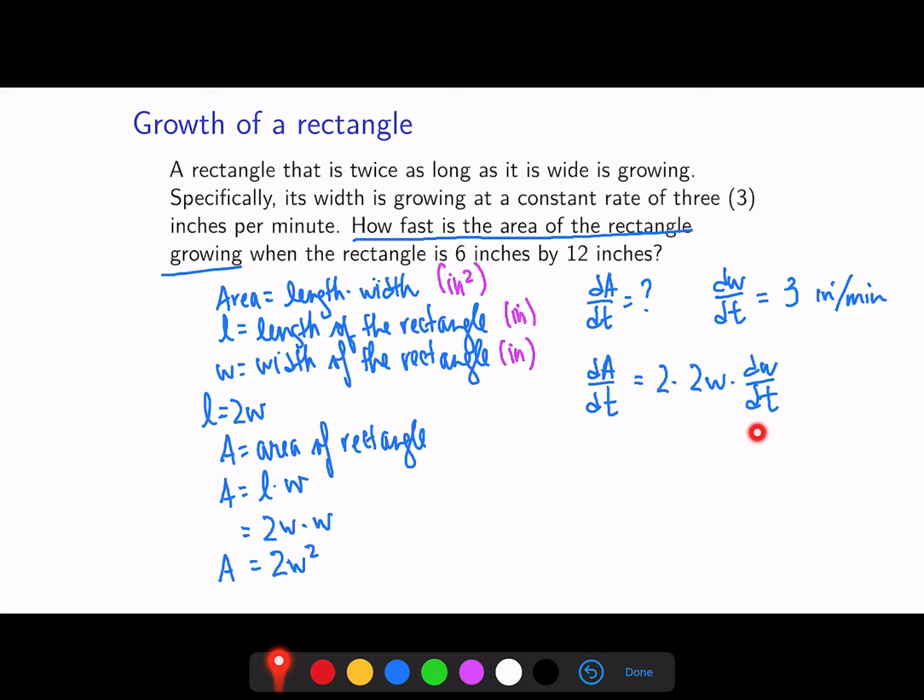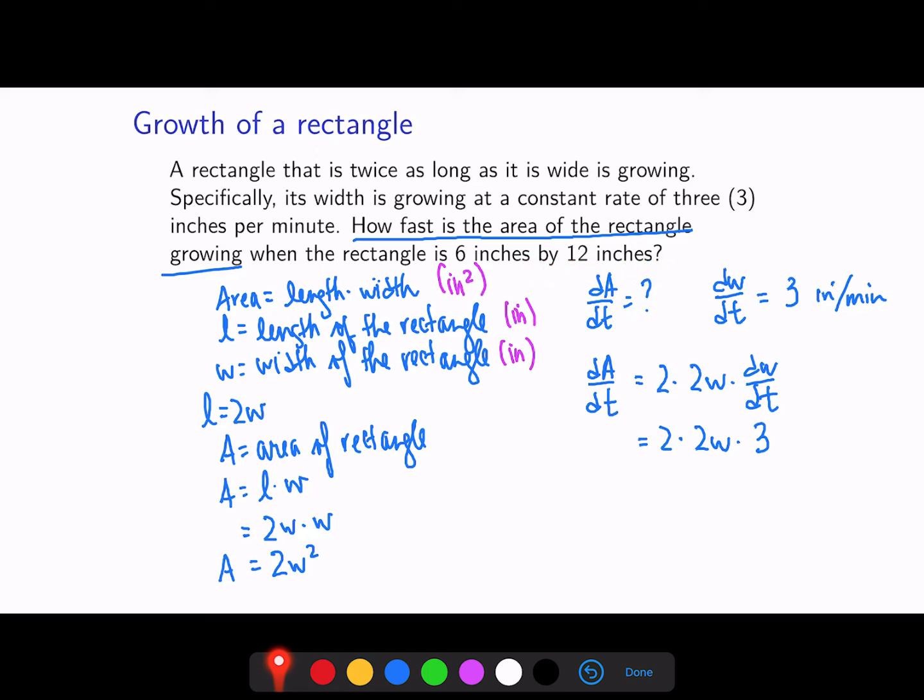Now we need to be able to plug in something for everything on this side. We know dw/dt is 3 inches per minute. Now I need to figure out what W is. Well, we're asked for the rate of change of the area, or how fast the area is changing, when the rectangle is 6 by 12 inches.